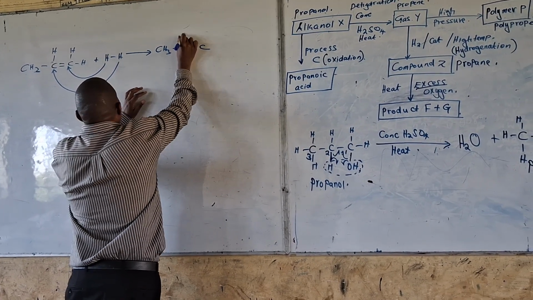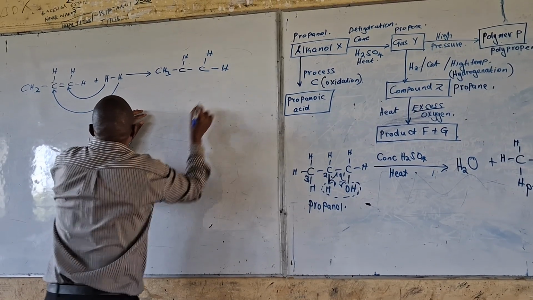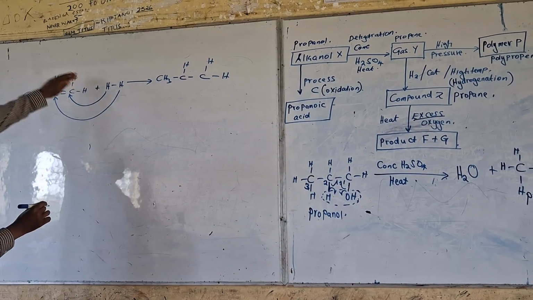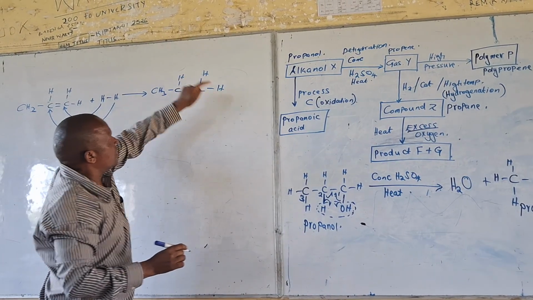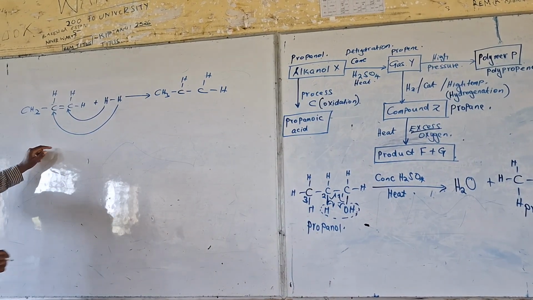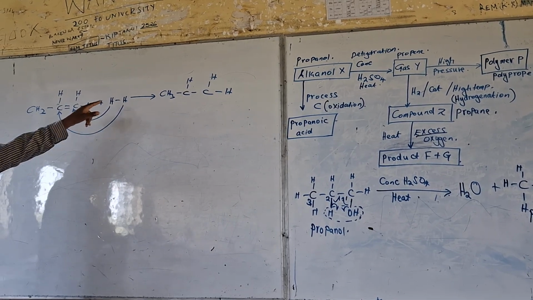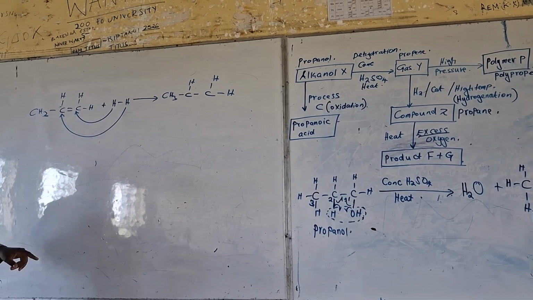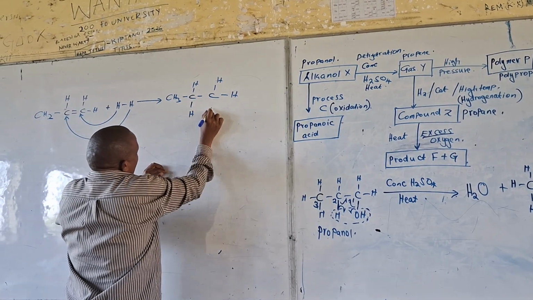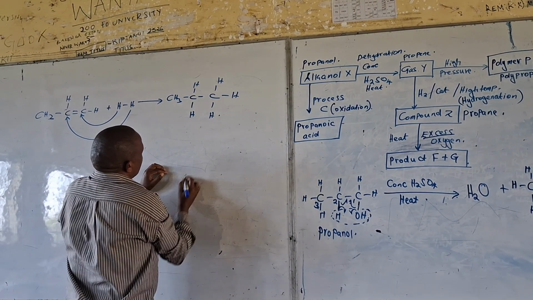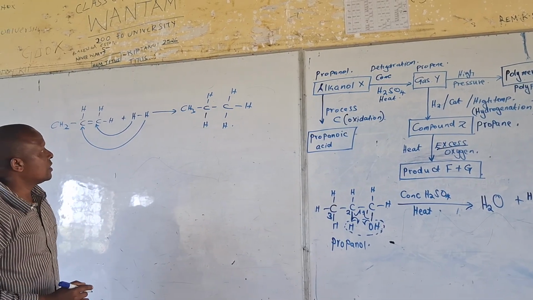Then here we have H. Here we have H. And here we have H. So you already have what was there. CH3, H, H, H. CH3, H, H, H. Are we together? Yes. Now, what is remaining now? 2 H's. The one which has come like that, and another one which has come. Are we together? So here we have hydrogen, and here we have what? Hydrogen. Look at that one very clearly. The rule is what?